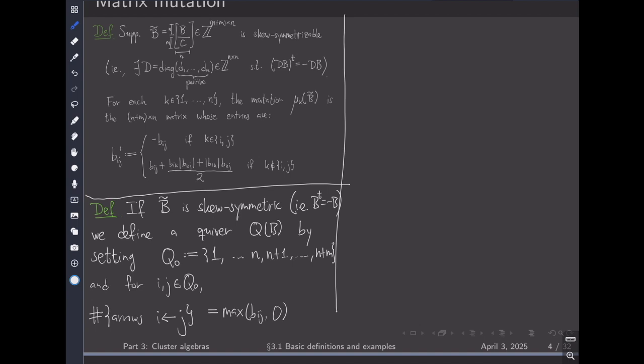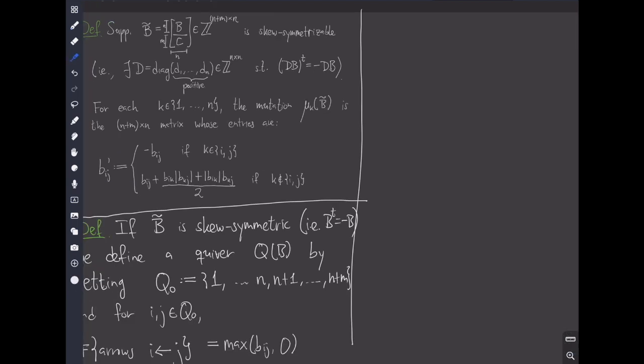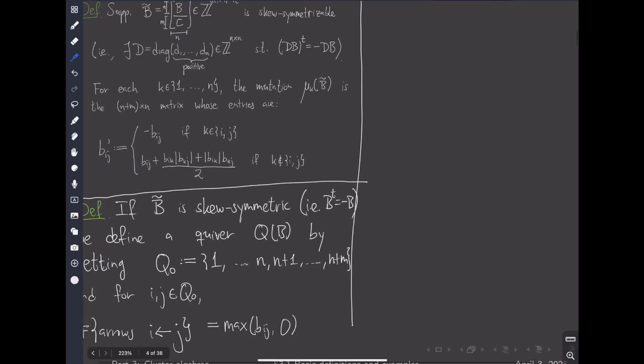Yeah, this definition is slightly not very nice. Because if j is between n plus 1 and n plus m, I have problems, right?